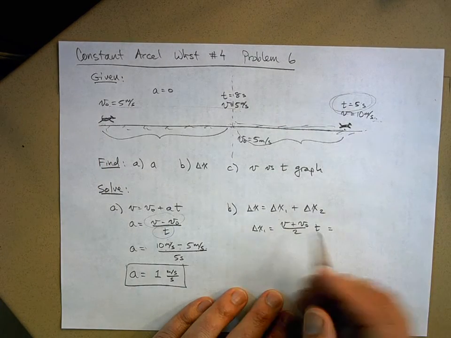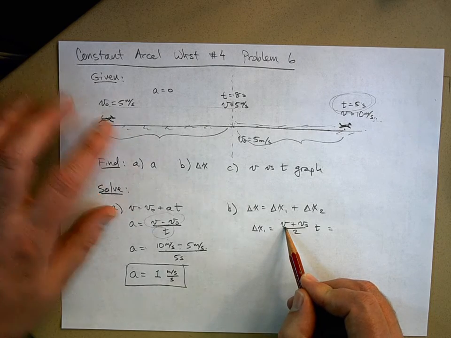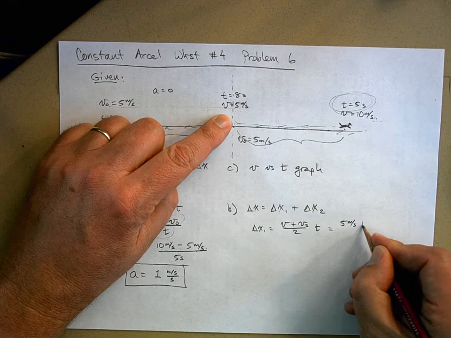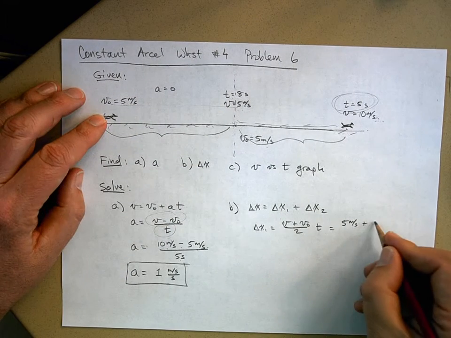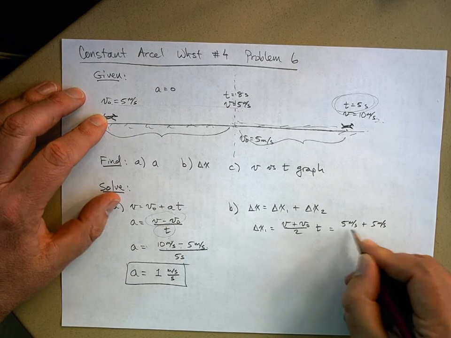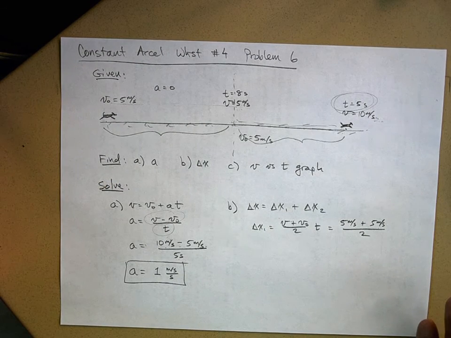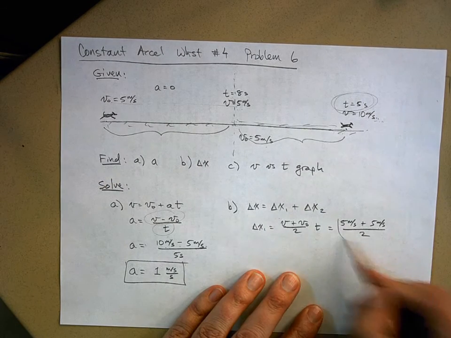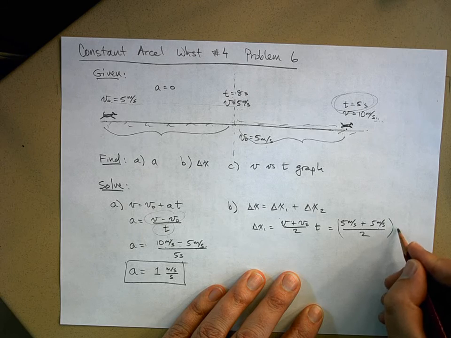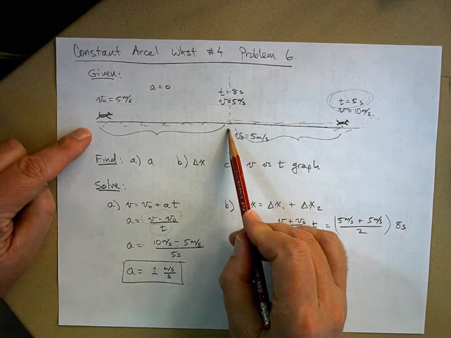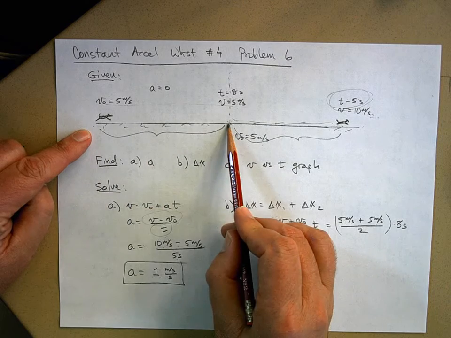But what do we want? The final velocity was 5. The initial velocity was 5. Now, do you see that 5 plus 5 divided by 2 is just 5? And then the time is 8 seconds. We did this for 8 seconds. We went from here to here in 8 seconds.